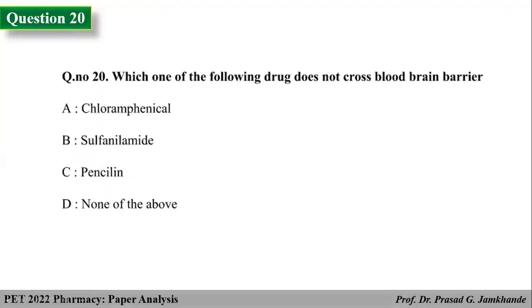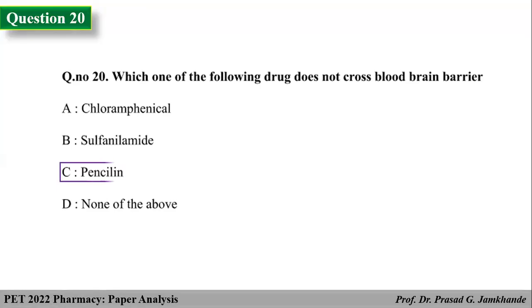Next, which one of the following drugs does not cross blood-brain barrier? We know that drugs which particularly affect the brain have good ability to cross the blood-brain barrier. In case of chloramphenicol, it crosses the blood-brain barrier. It is the antibiotic for systemic circulation.